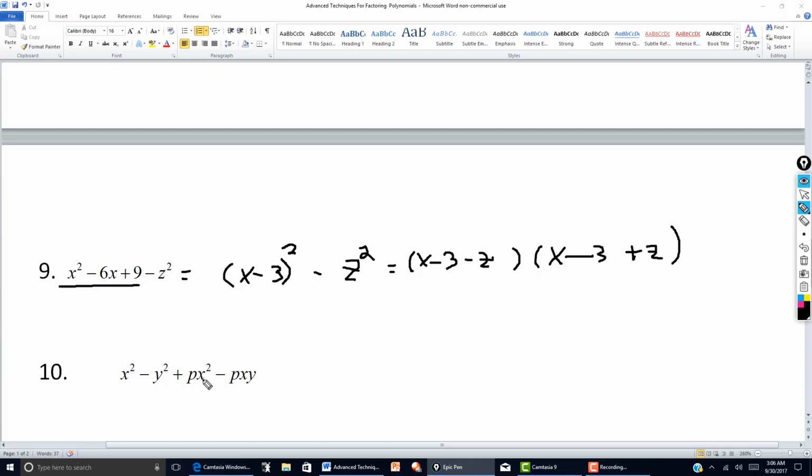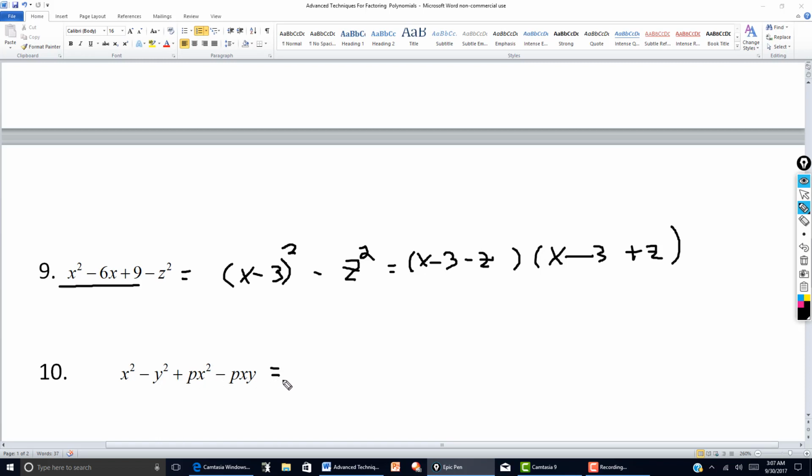The next one again has 4 terms. Again, if you have more than 3 terms, you look to group and see if you can find a factor in common. Sometimes it's going to be mixed up.